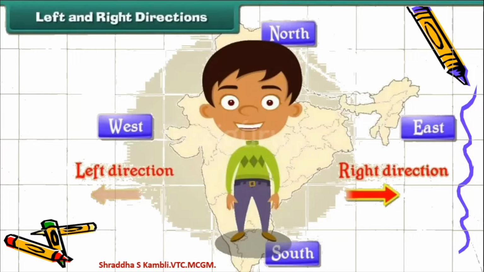Okay, and then we have east, we have the north, and then we have the south. So when you look at him, we will take into account your side. So when I am looking at him like this now, towards my right it is the east, towards my left it is the west, towards the top it is the north, and towards the bottom it is the south.